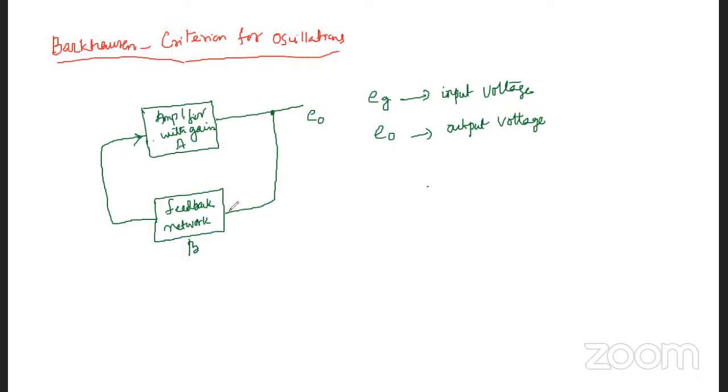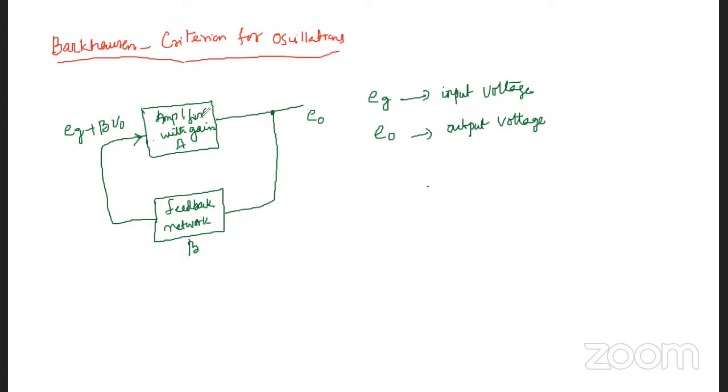Then the feedback is positive here. The voltage which appears at the input of the amplifier will be EG plus beta E naught.